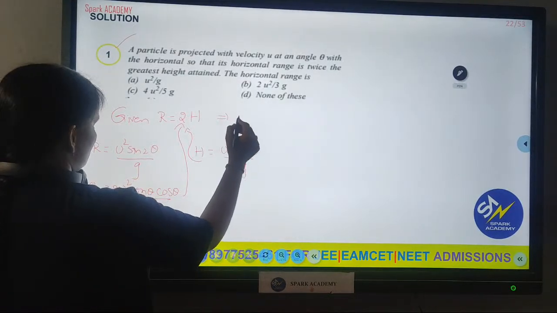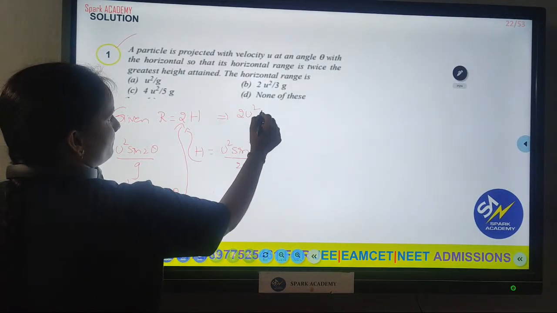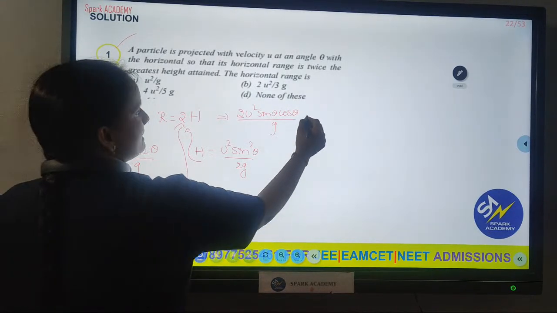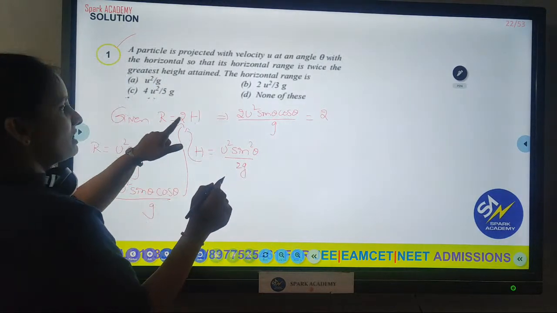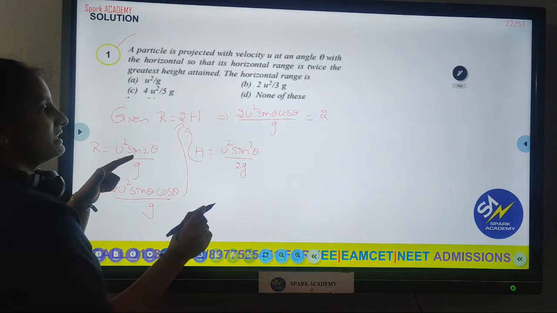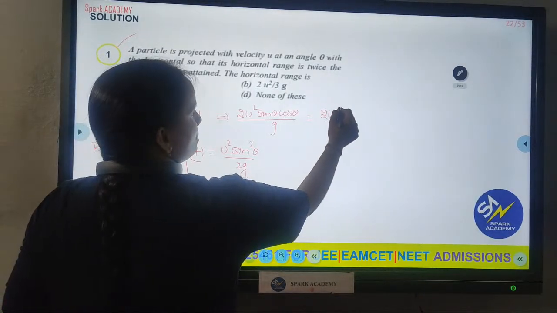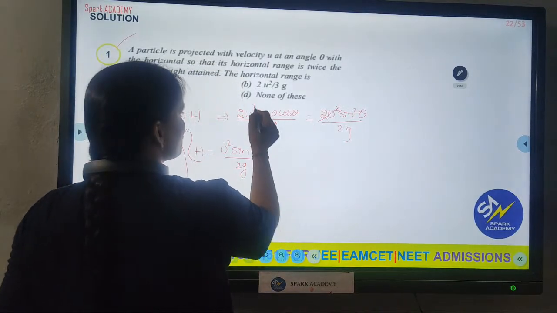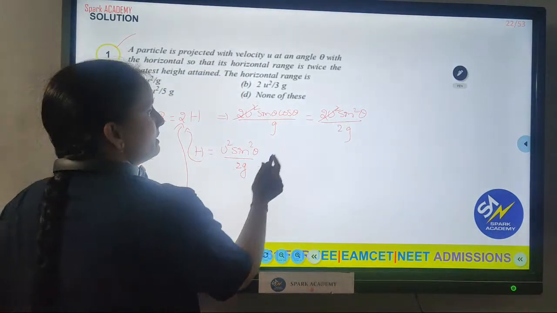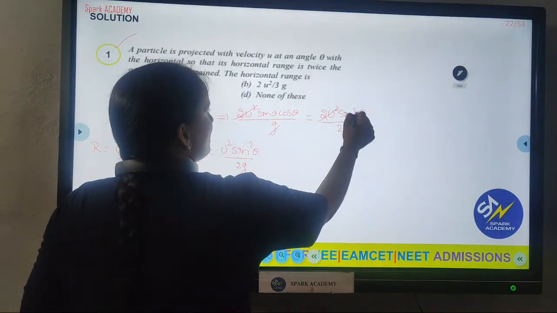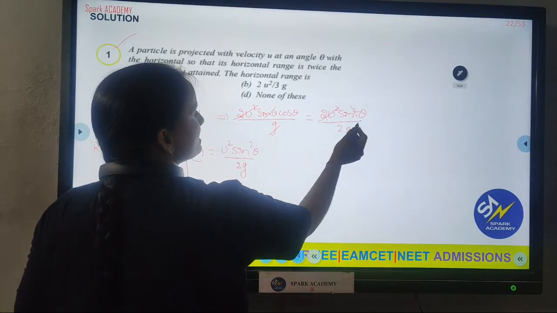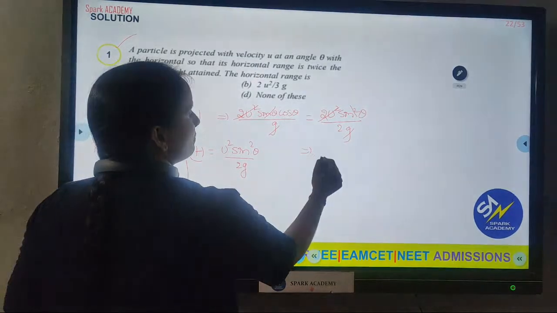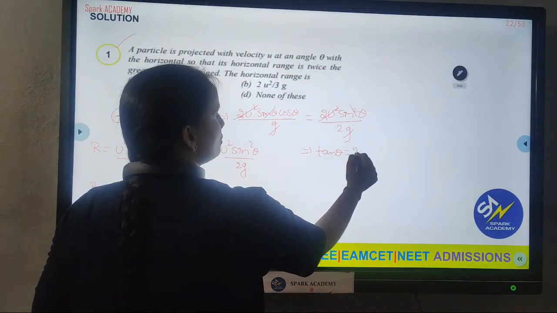This implies 2 u square sine theta cos theta by g is equal to 2 into, it is twice the maximum height, 2 into u square sine square theta by 2g. 2 u square cancel, g cancel, one sine theta cancel, take cos theta this side, sine theta by cos theta is tan theta, take 2 this side, we get tan theta is equal to 2.